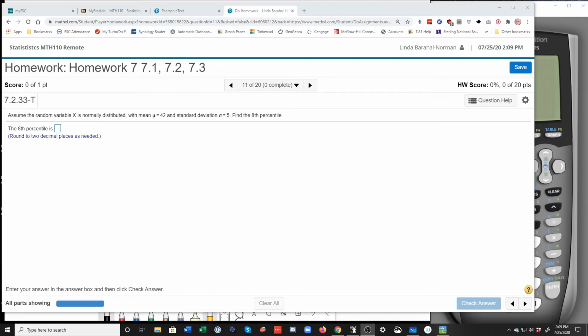All right, so this question says assume a random variable x is normally distributed with a mean of 42 and a standard deviation of 5. Find the 8th percentile. Now remember, these questions are randomized, so your numbers may vary.